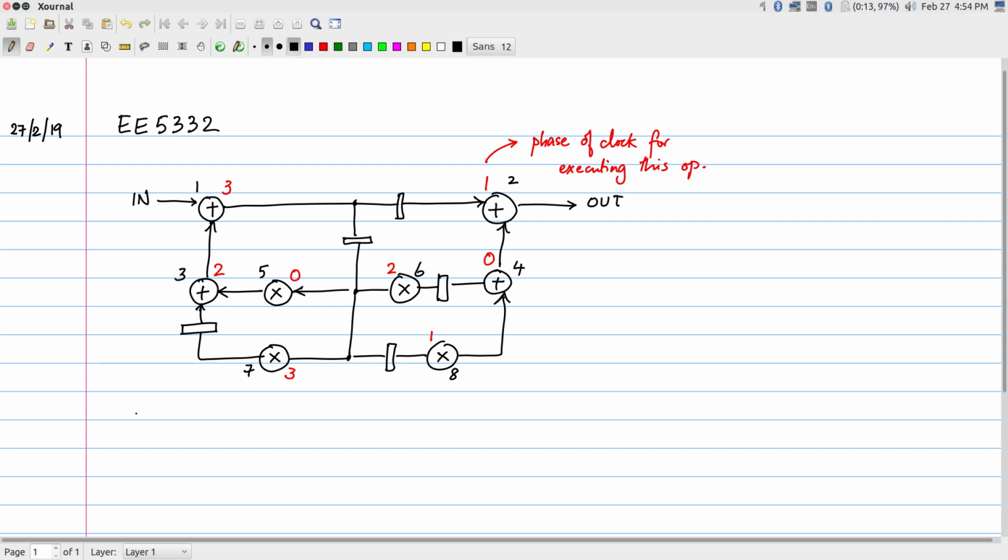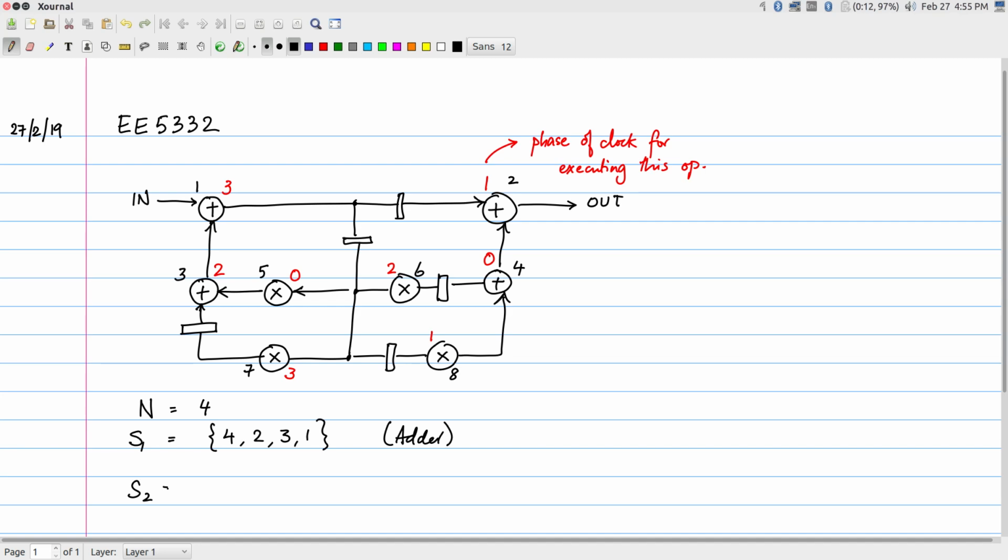So what we have is N, the number of phases, is equal to 4. The folding sets themselves are S1 for the adder, which corresponds to operation number 4, then operation number 2, then operation number 3 and operation number 1. This is for the adder.